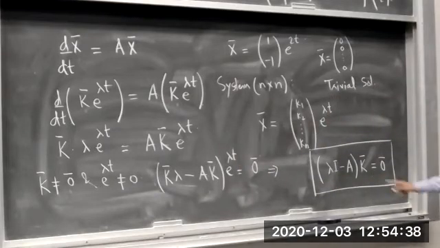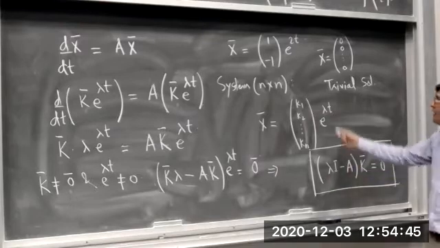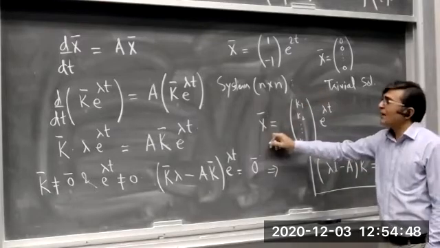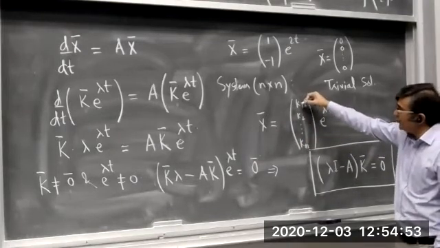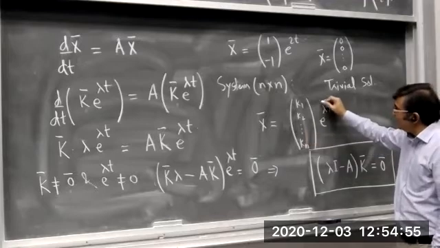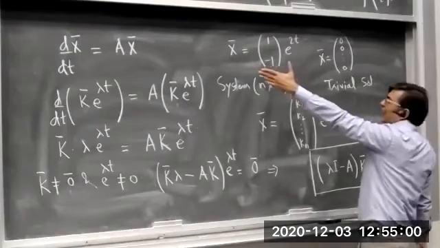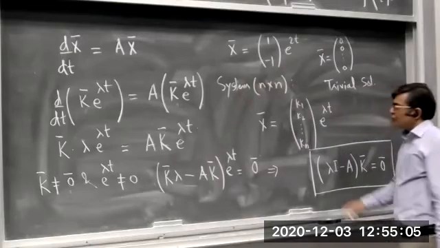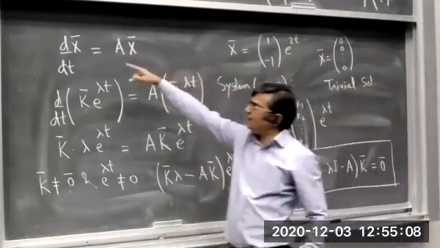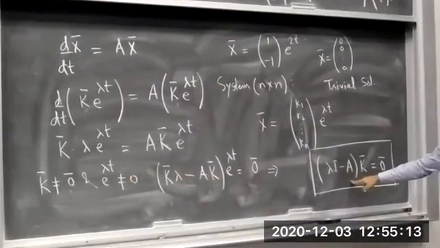Where k is unknown and we have to determine it, and lambda is also unknown. We know that the solution is of this form. If we can find these unknown values k1, k2, and so on, kn, plus this unknown value lambda, then this will be the solution of the given linear system. So by inserting this solution into the system of differential equations, we arrive at this equation.